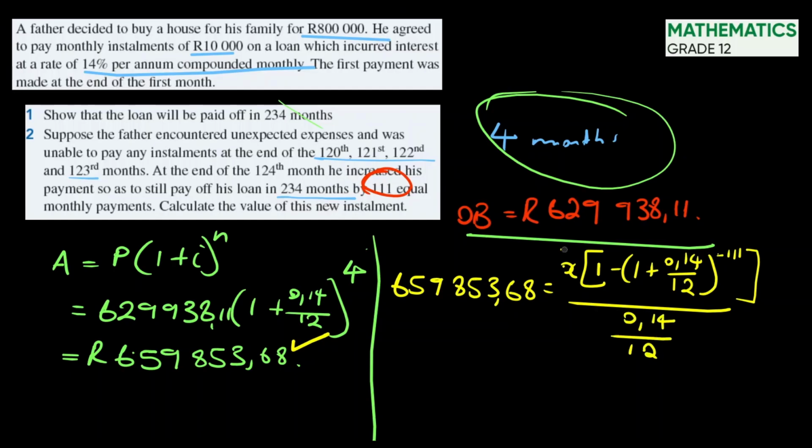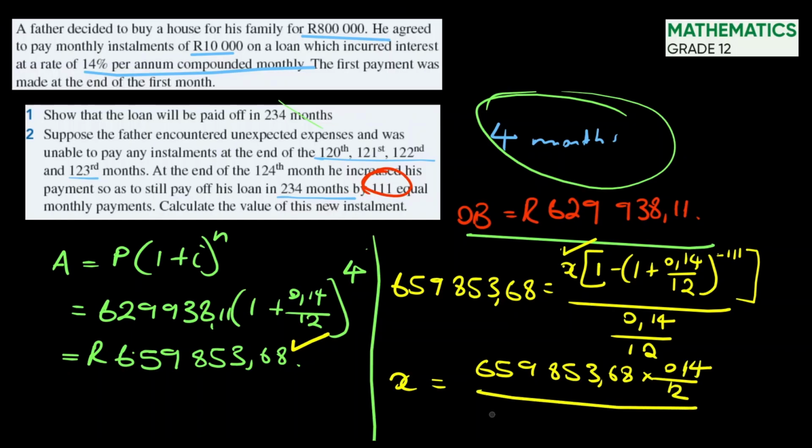So what are we solving for? We're solving for x. So if you solve for x, after doing all the cross multiplication, 659,853.68 and 0.14 over 12 will multiply. This will be divided by 1 minus (1 plus 0.14 over 12) to the power of minus 111.